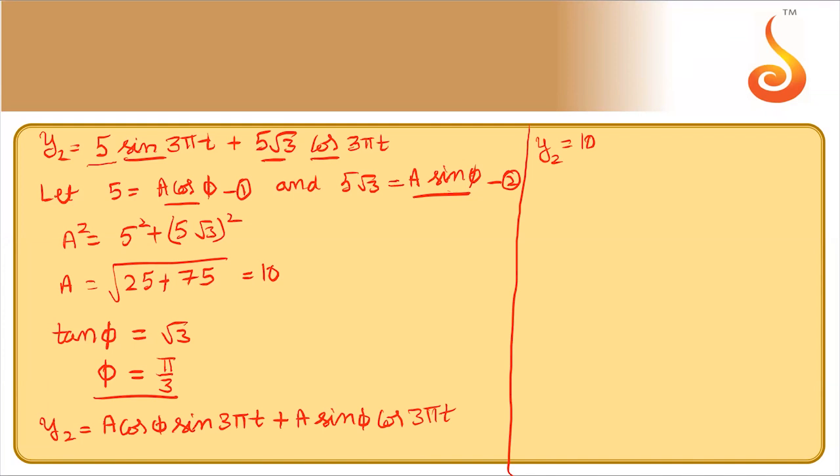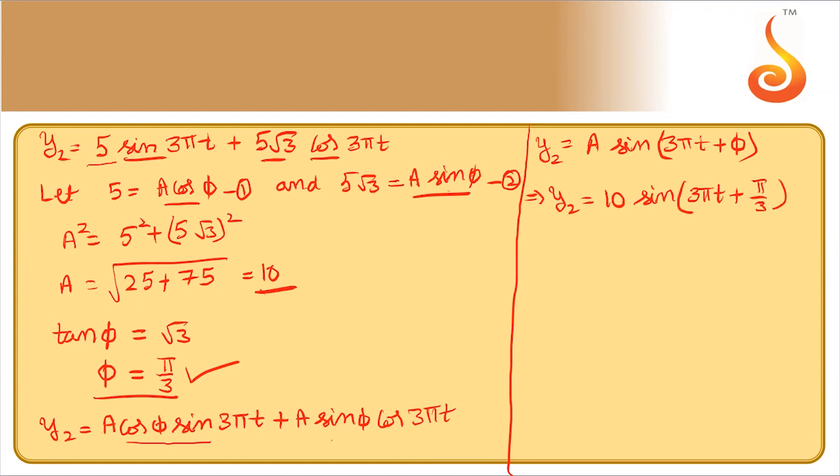Before substitution, we can do one thing. This is cos a sin b plus sin a cos b, which is sin of a plus b. So a sin of 3 pi t plus phi, which implies y2 equals 10 sin of 3 pi t plus phi, which is pi by 3.